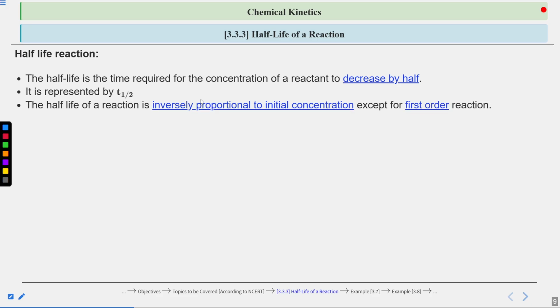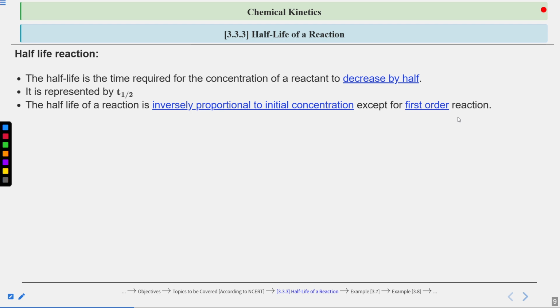Half-life of a reaction is inversely proportional to the initial concentration, except for the first order reaction. If you remove the first order reaction, other than that, the half-life of a reaction generally is inversely proportional to the initial concentration. Initial means at t equals 0, what is the concentration of the reactant at the initial time.